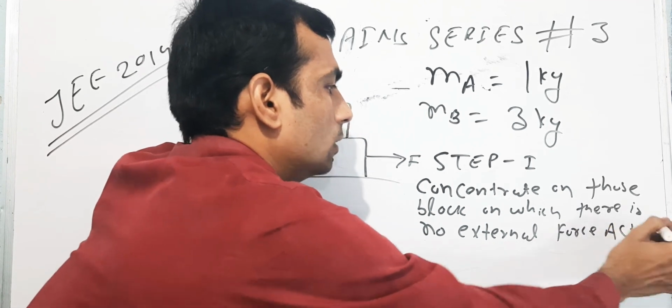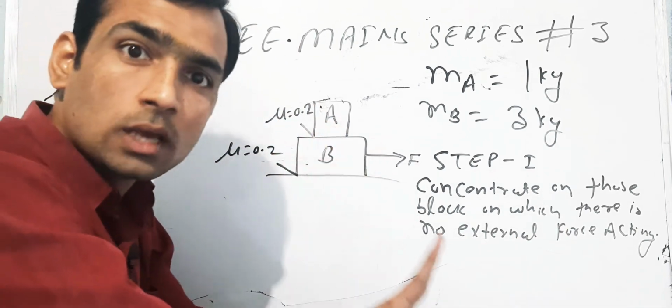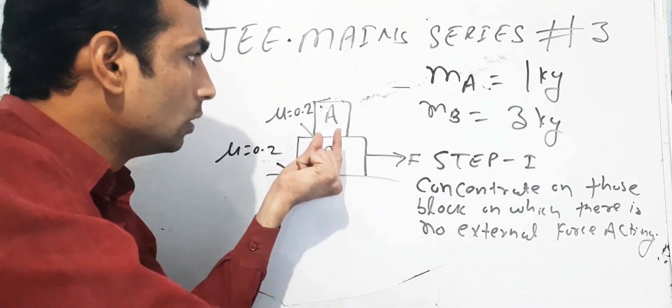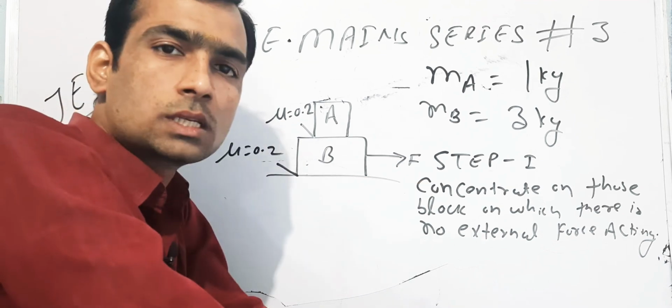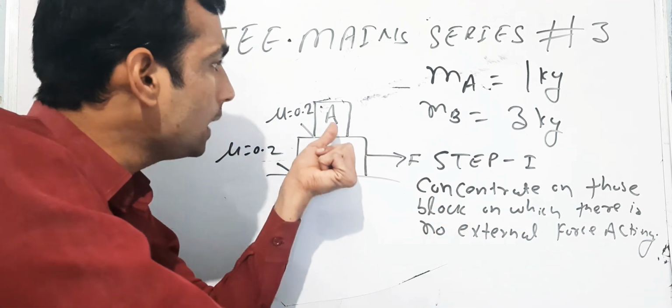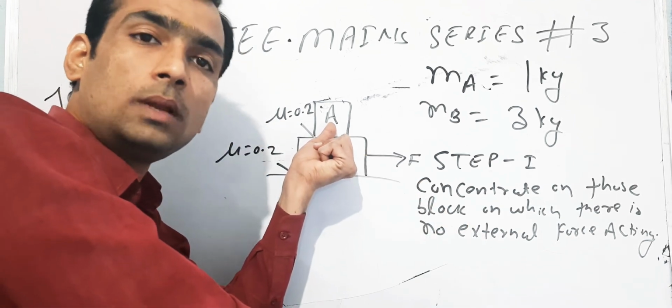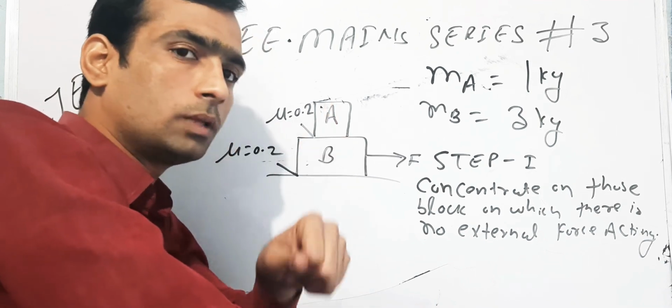You can see block A has no external force. For that system you have to find the acceleration, right? And this acceleration will give you the maximum acceleration of the system.